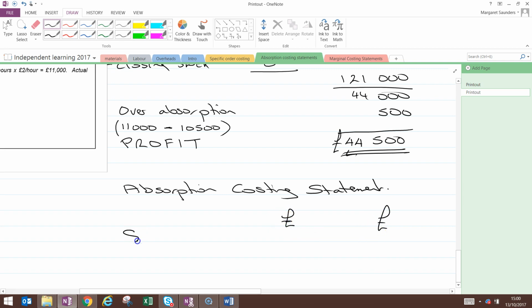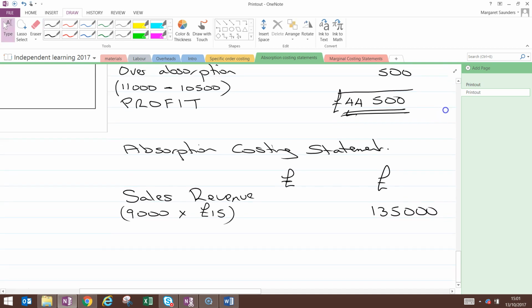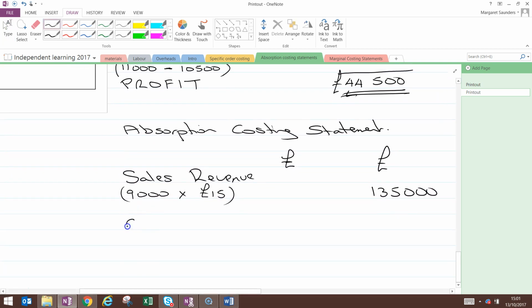So as before, we start off with the sales revenue. Now we only sold 9,000, and the selling price was £15. We then deduct our cost of sales.